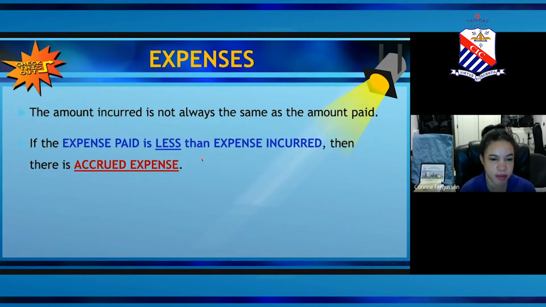You therefore have what we call an accrued expense, meaning that we still owe money. So whenever the expense is incurred, we have to pay it. Until we pay it, that means we owe it. So whenever you see accrued, it means owing or outstanding.